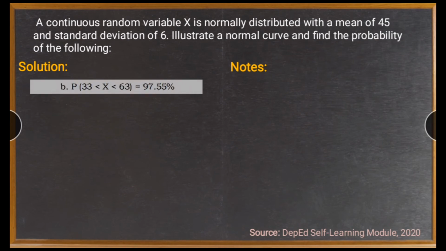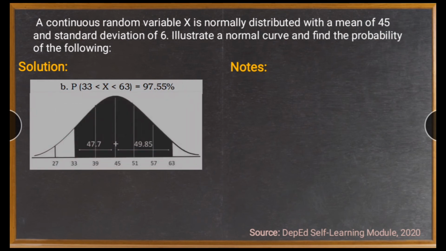Another given. Okay, from 33 to 63. The answer must be 97.55%. We will convert first. We have 33 in here and 63 in here.